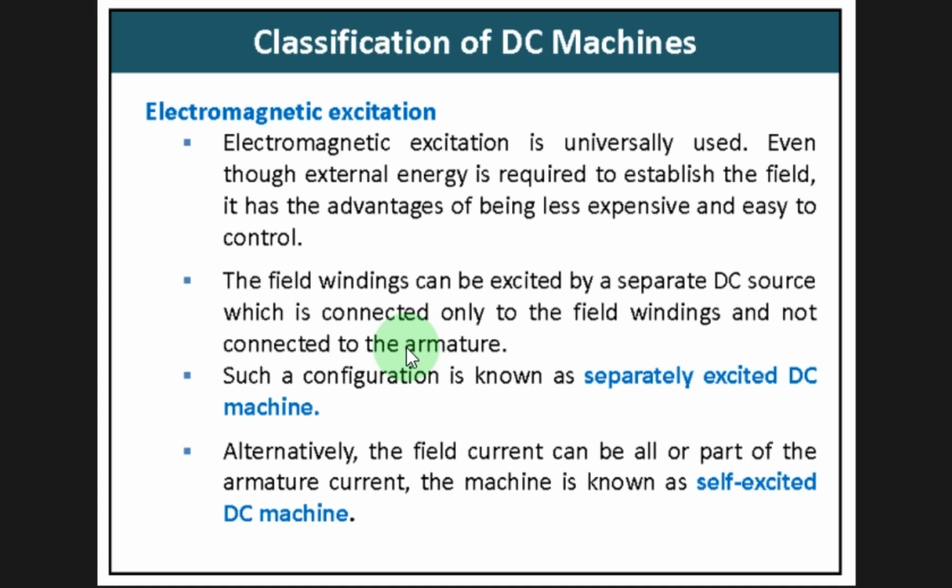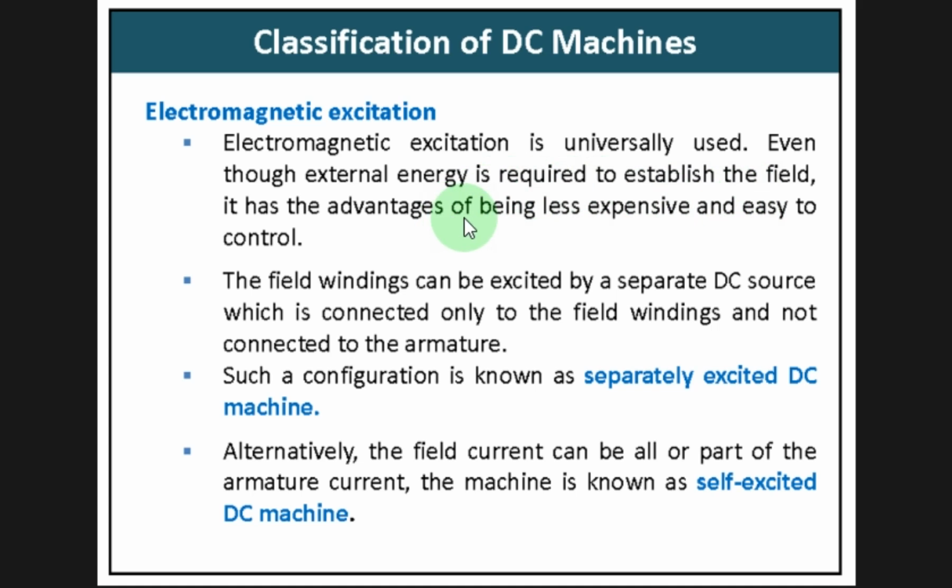So let's first look at the electromagnetic excitation. Electromagnetic excitation is widely or universally used, even though external energy is required to establish the field, because you have to supply current to the field coils.